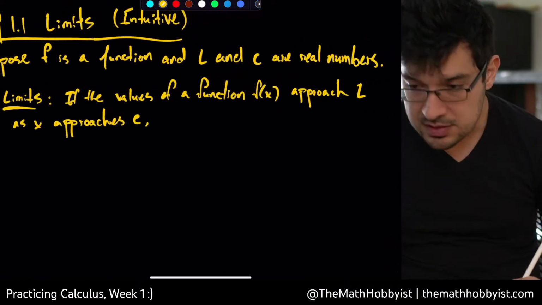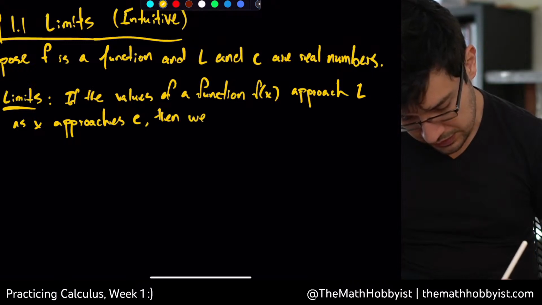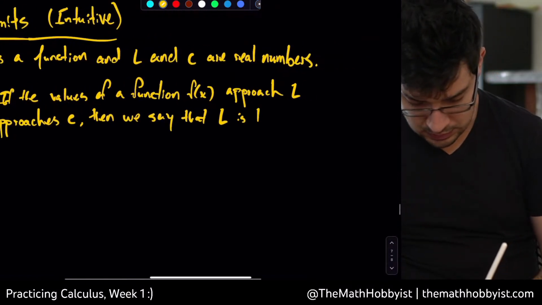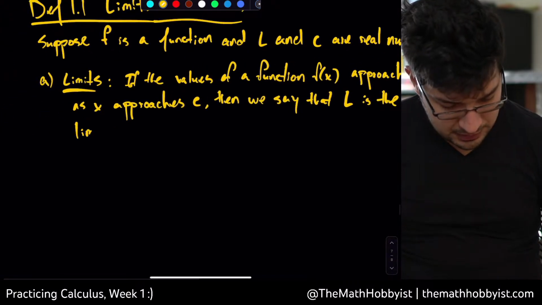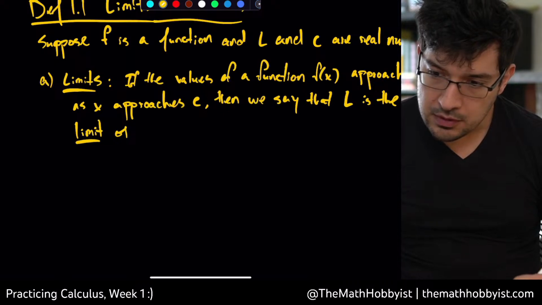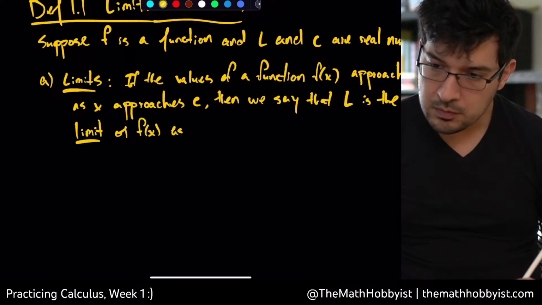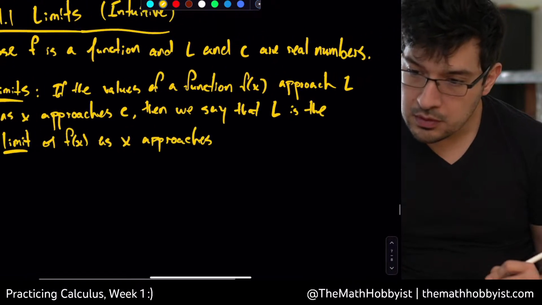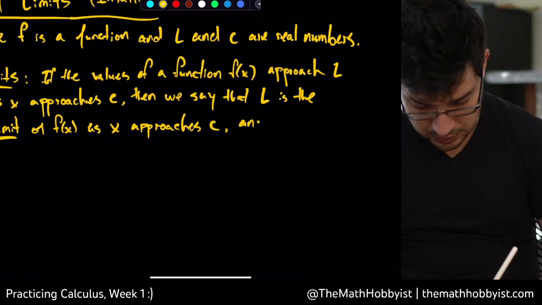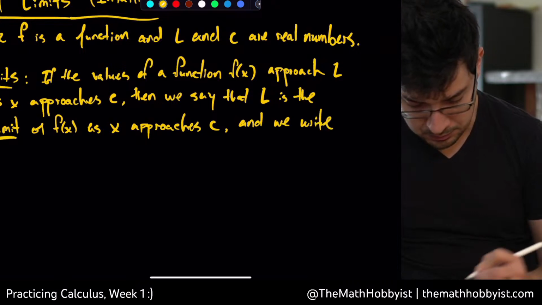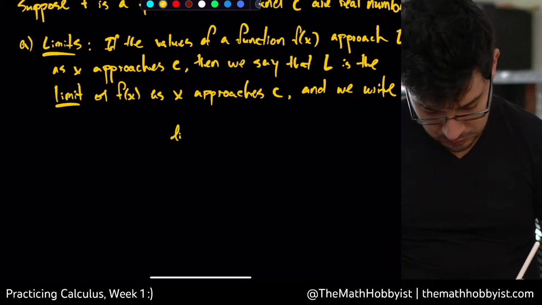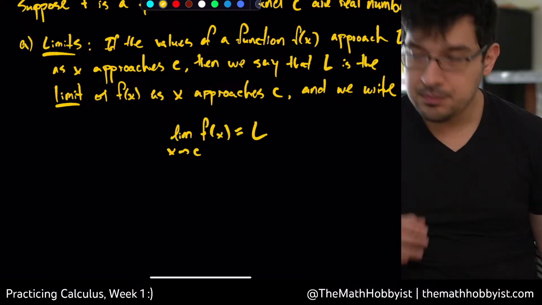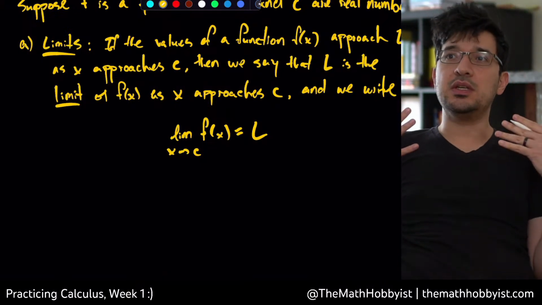You know, approaches C, then we say that L is the limit of f of x as x approaches C, and we write limit as x approaches C of f of x equals L. Okay, so that's the notation that we're going to use everywhere.